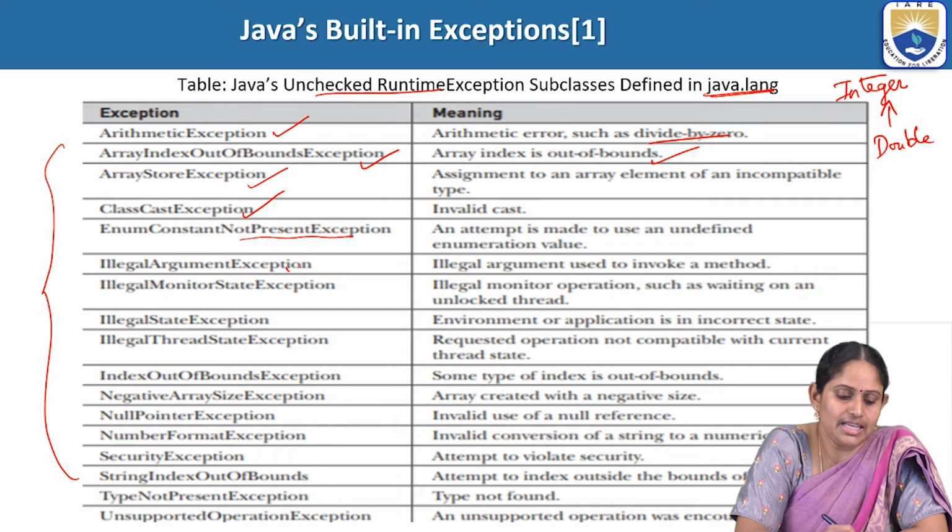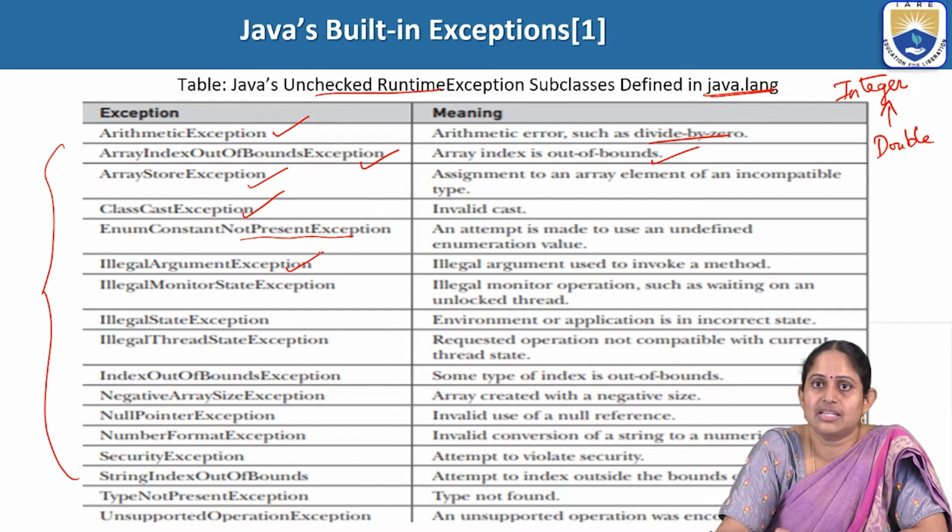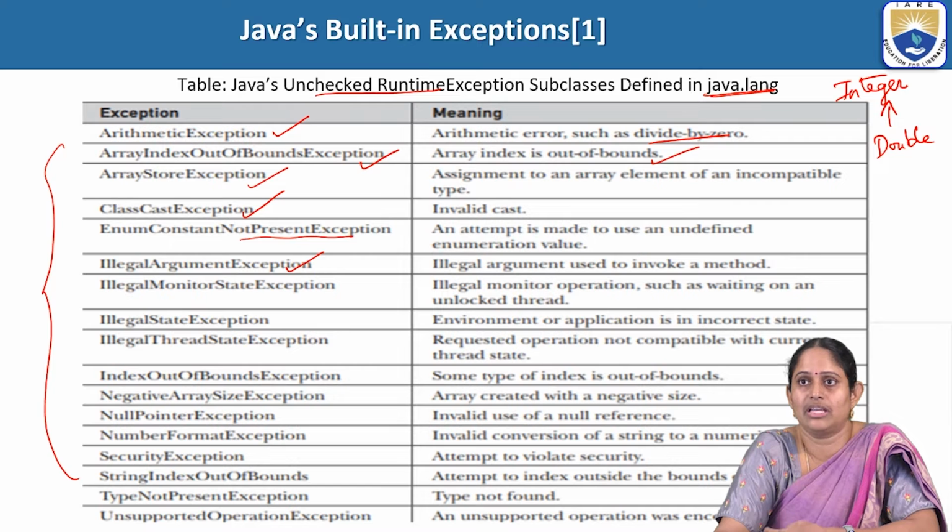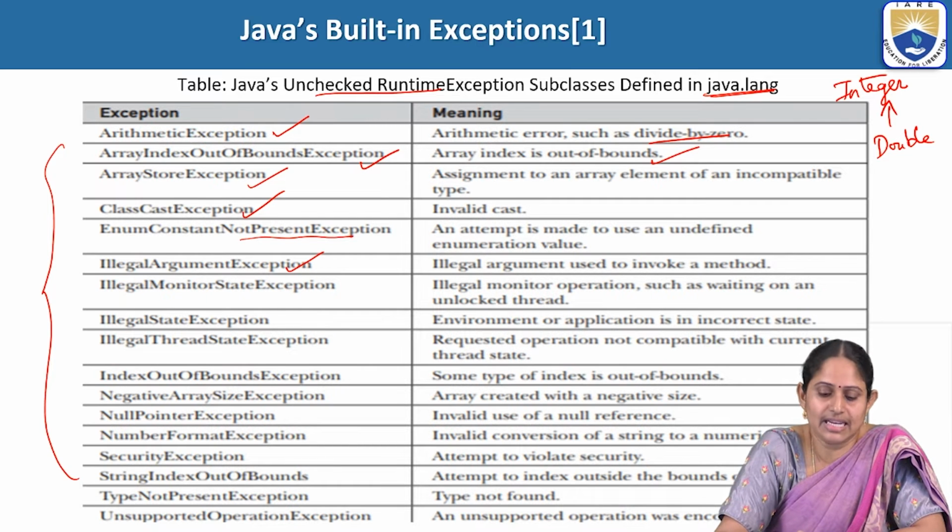Next, we have the illegal argument exception. This exception will be thrown when you try to pass or invoke a method with an illegal argument.